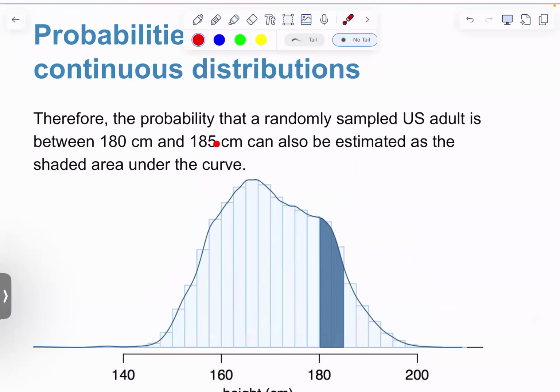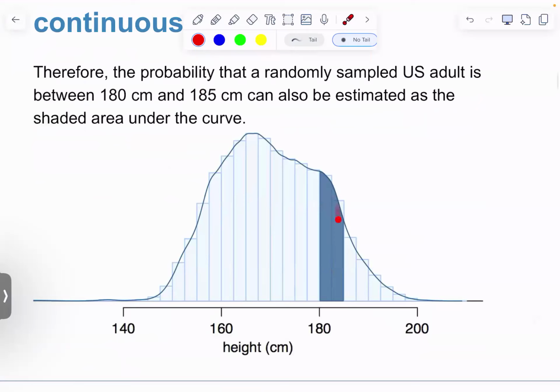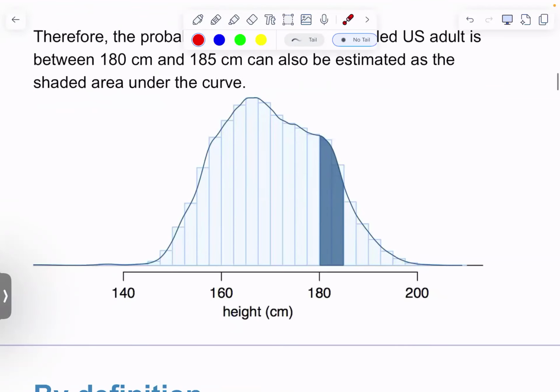The probability that a randomly sampled US adult is between 180 and 185 centimeters is this shaded area under the curve. Notice how we've smoothed out the curve. And for us, we're going to have an even smoother curve with the normal distribution. Not my best normal distribution, but not my worst. And you can tell that that's where this shape is headed.